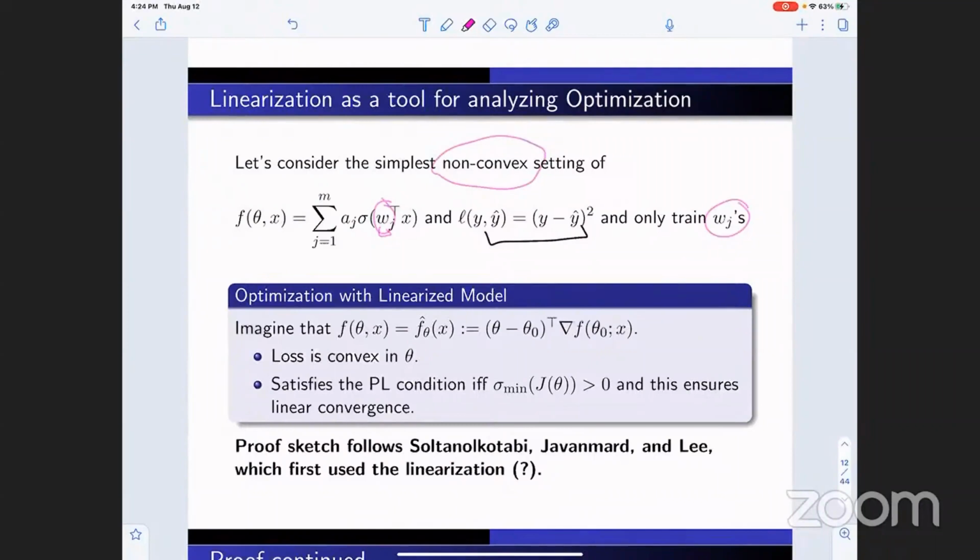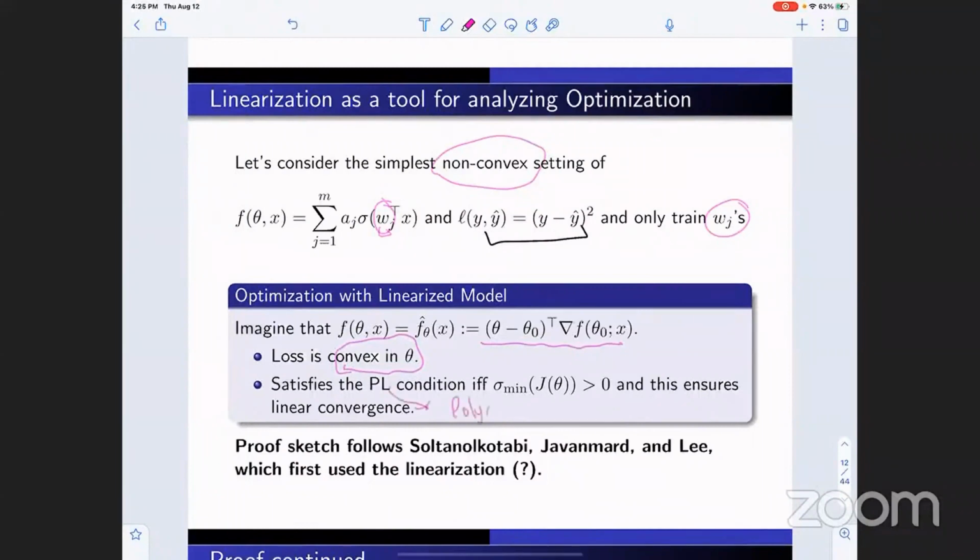Okay. But now look at this linearized guy. Now this is linear in theta. So a linear function composed with any positive convex loss is a convex function of theta. So actually, if I could magically optimize the linearized function instead of the neural net, I would have a convex optimization. In fact, it satisfies one of the conditions I mentioned.